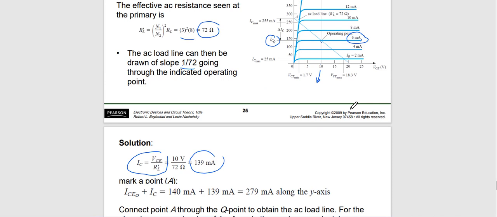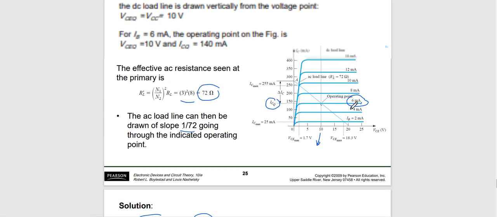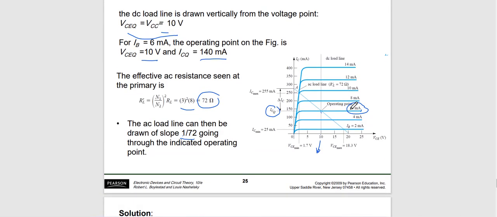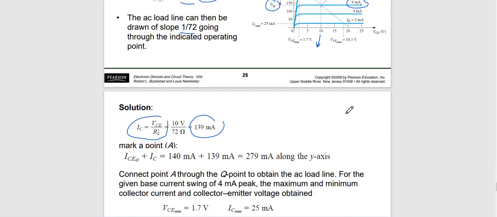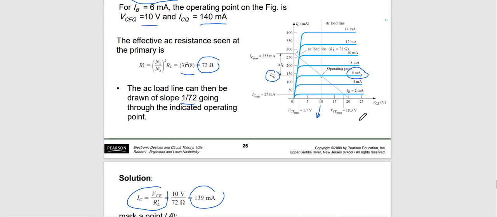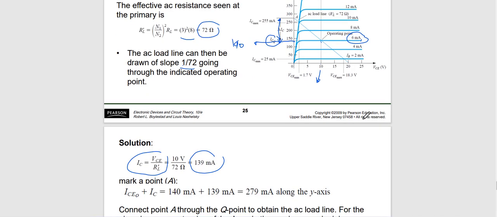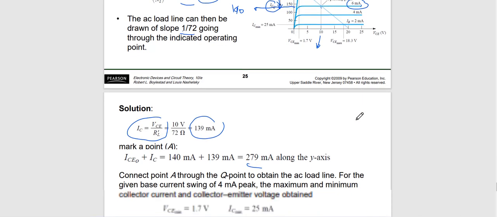Then we notice that the ICQ is 140 milliampere plus the IC, and the IC is 139. So we can add them to get the value of 279 milliampere along the y-axis.